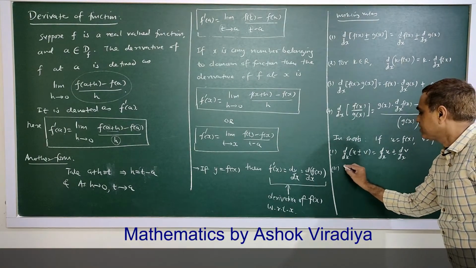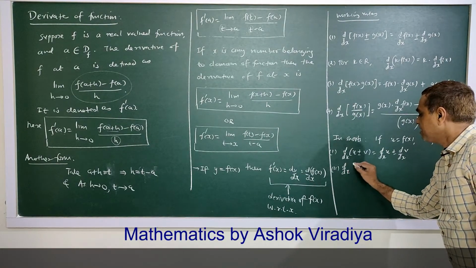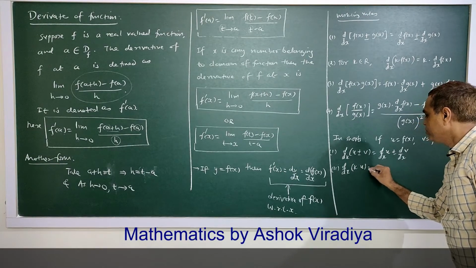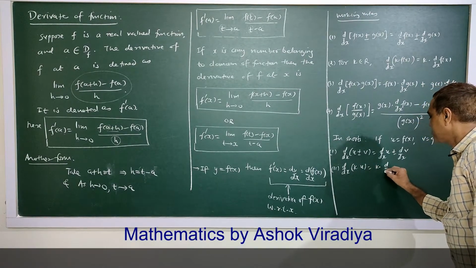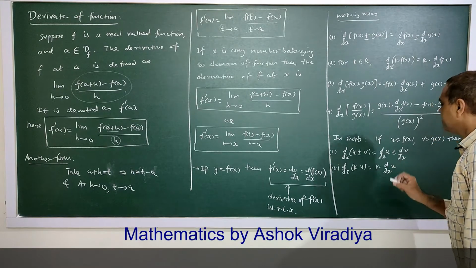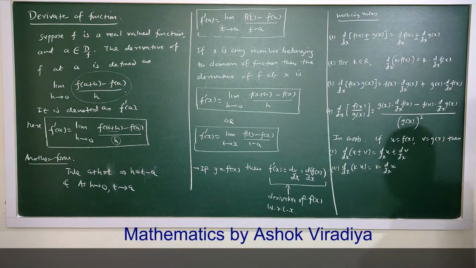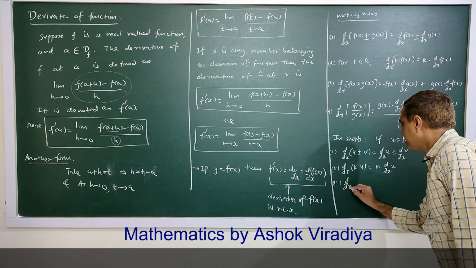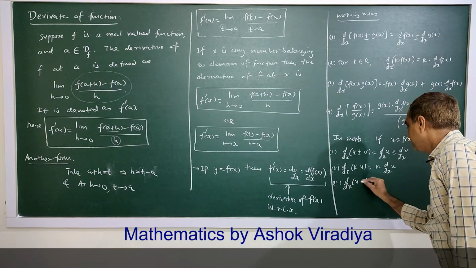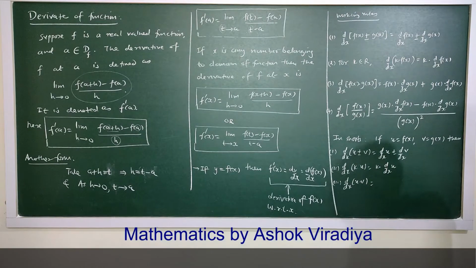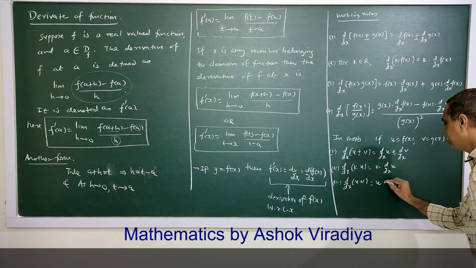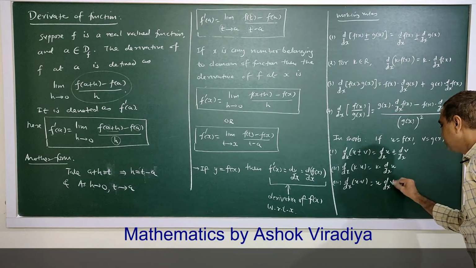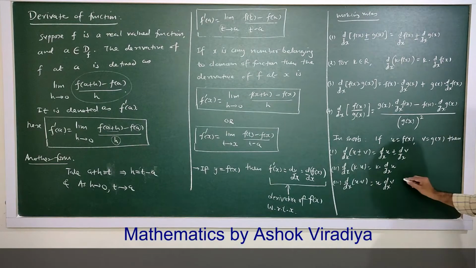Second rule is d by dx of k into u is k times d by dx of u. Third rule is d by dx of u into v is equal to u as it is d by dx of v plus v as it is d by dx of u.